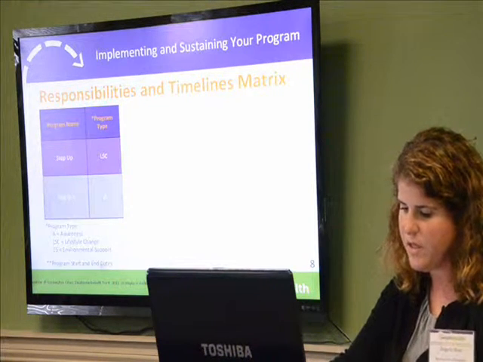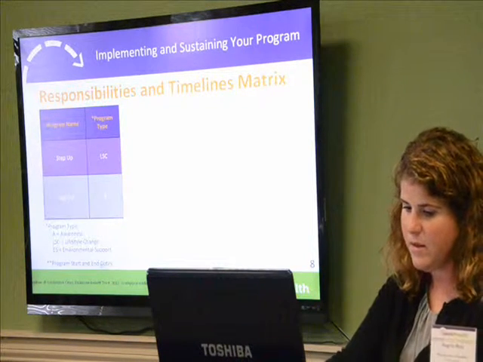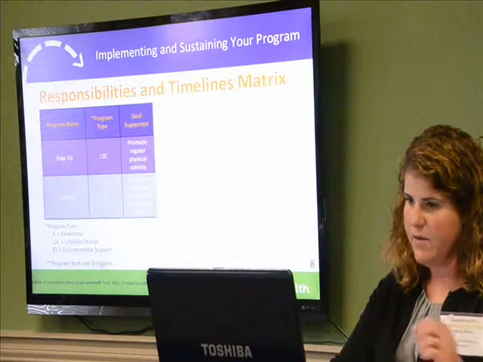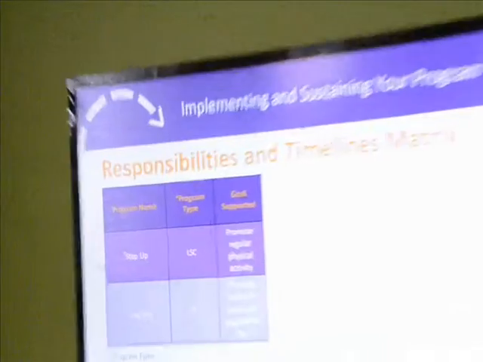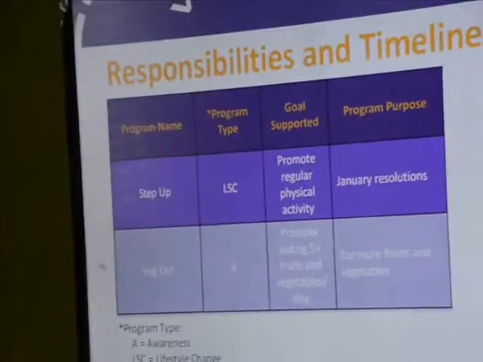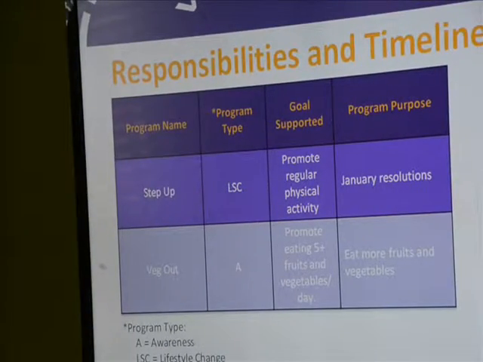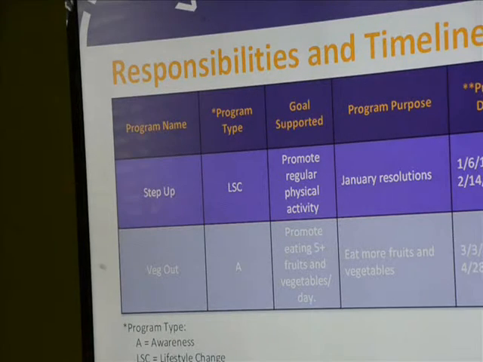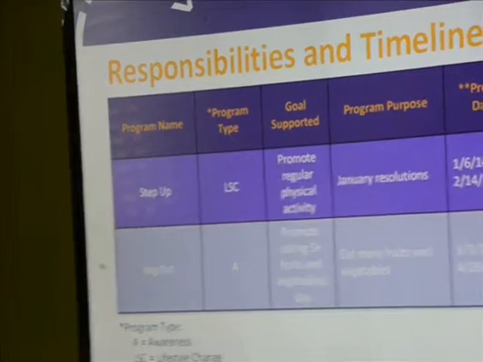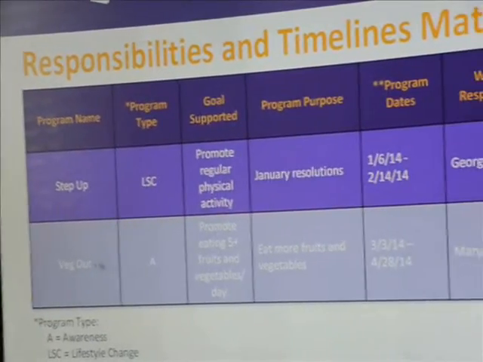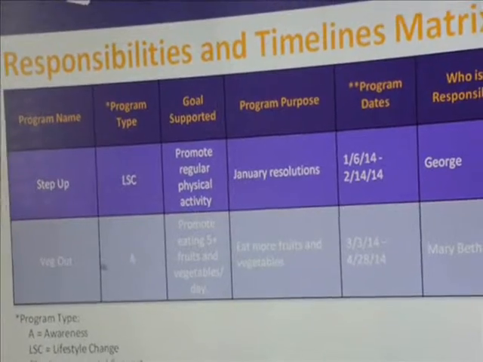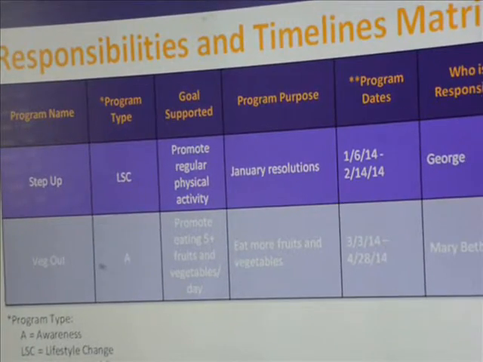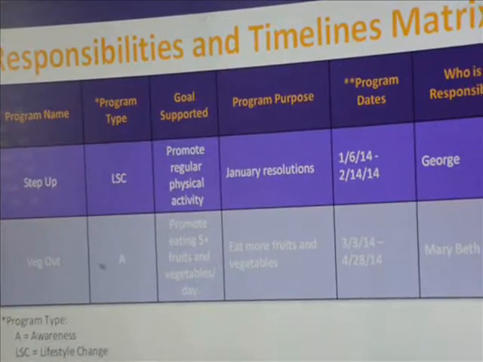The matrix should include program name, program intensity level, the overarching goal that is supported by this program, program purpose, program start and end dates, and who has overall responsibility. And I think this nicely shows the importance of identifying who's responsible, but then obviously our supported goal.